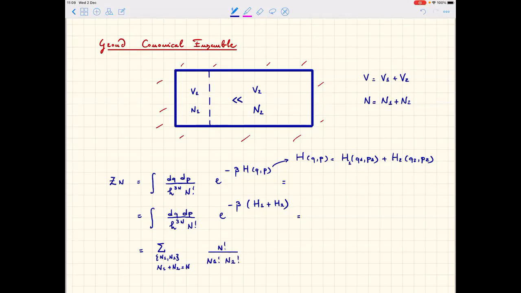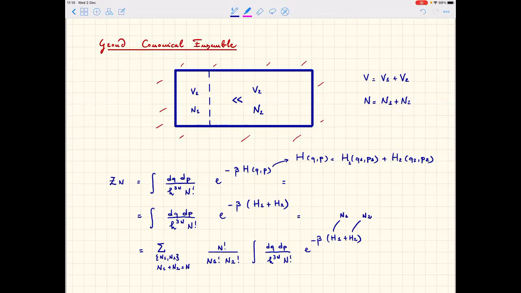And then we have the same thing as before, dq dp over h to the 3N N factorial e to the minus beta (H1 plus H2), where it is understood that now there are N1 particles in volume 1 and N2 particles in volume 2.